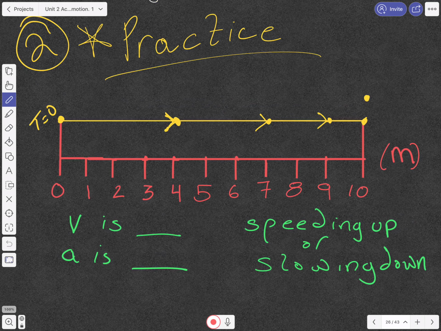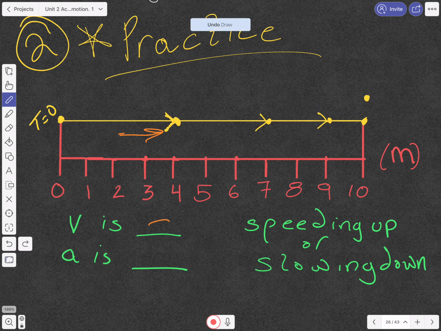So now practice 2. Again, pause the video, try these on your own, or if you went through them all ahead of time and now are watching the video, then you don't need to pause. Now our velocity is still heading in this direction, so it's still in the positive, but we can see our arrows are getting shorter as time goes on until actually the object has stopped here.